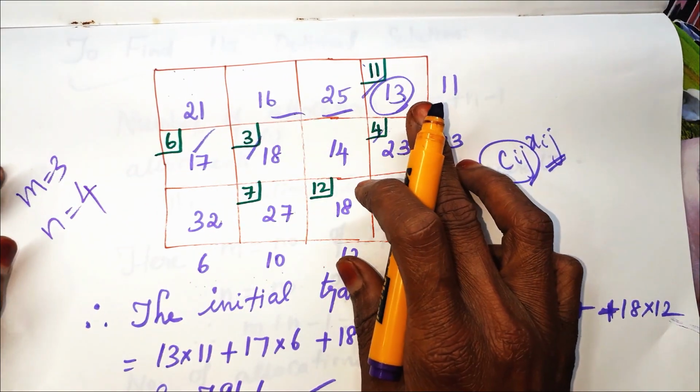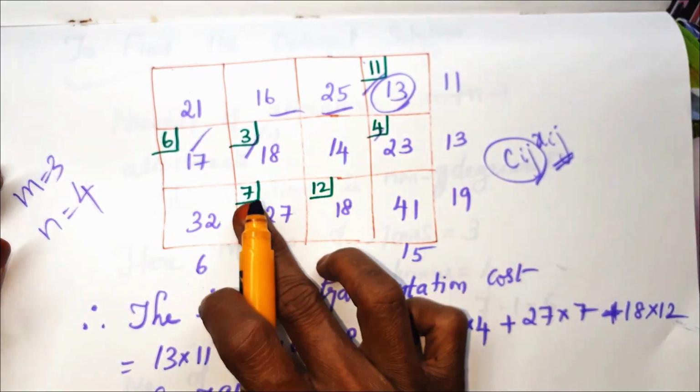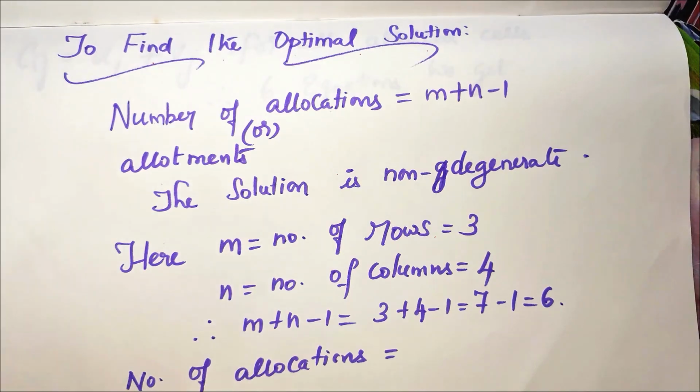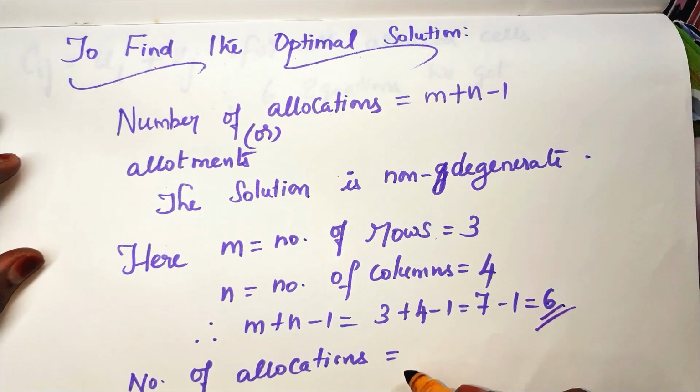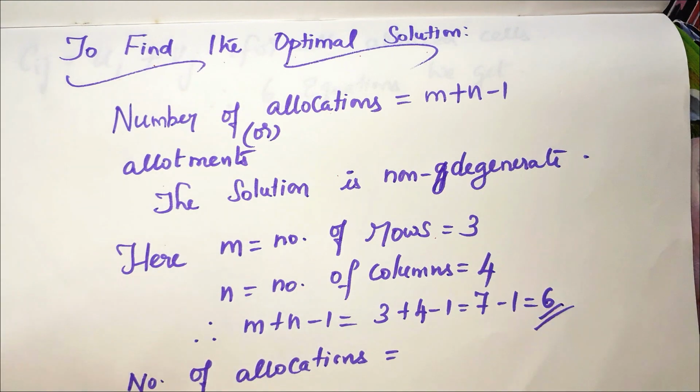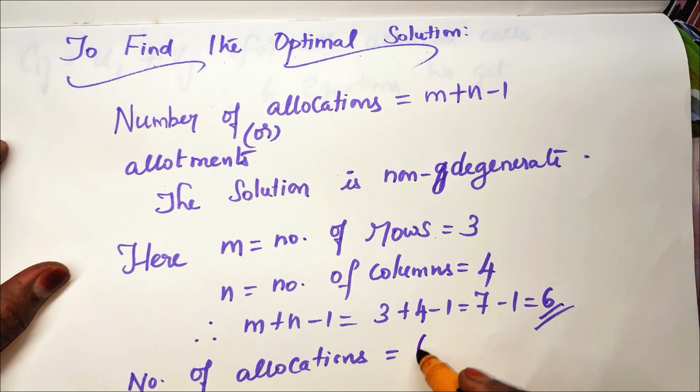Number of allotted cells you count: 1, 2, 3, 4, 5, 6. So 3 plus 4 minus 1 is 6. The number of allocations, allotted cells or occupied cells, whatever term we use, is 6.